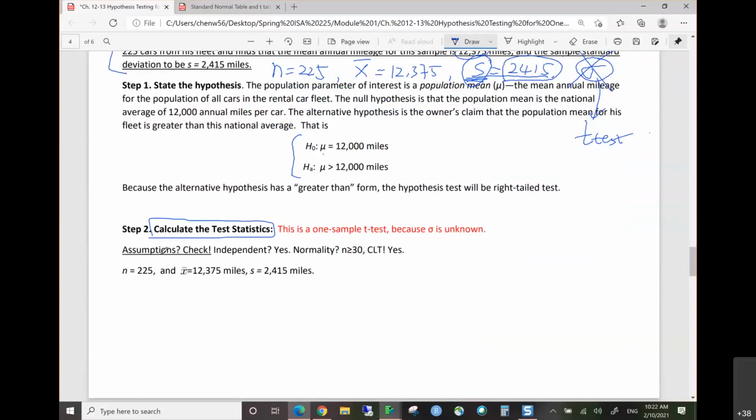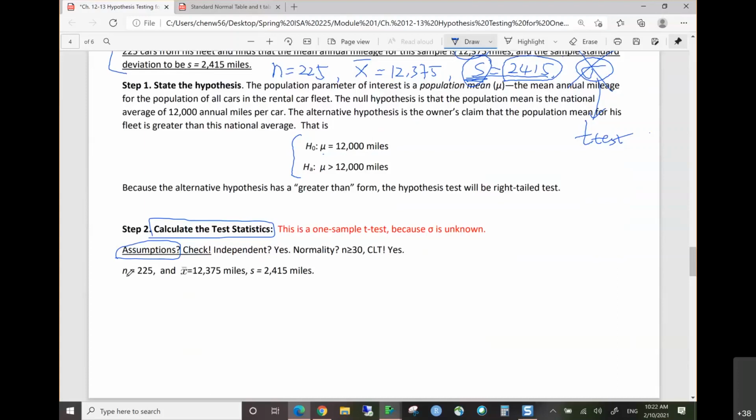Remember, before you use any formula, all the formulas are based on our assumptions. Some of you forgot to check the assumptions in the last assignment, and I don't want to see that again. So be sure to check the assumptions.